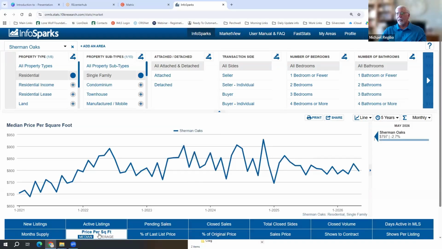Price per square foot is an interesting data point, but it doesn't really set the value. I've never had an appraiser, a bank, or anybody other than an insurance company use a price per square foot calculation to truly give a value to a home, because the most important things in real estate are location, location, location, right?